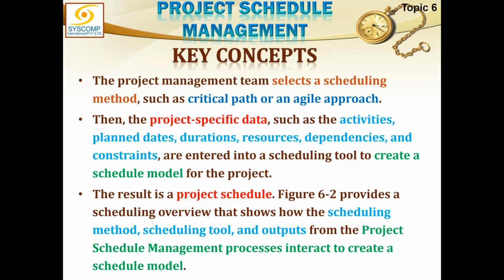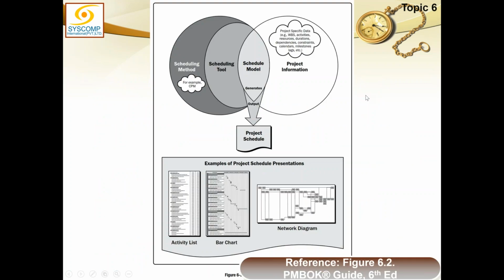Figure 6.2 provides a scheduling overview that shows that the scheduling method, scheduling tool, and the output from the project schedule management processes interact to create a schedule model. So how does it happen? I will just show you. I hope you can have a look at this diagram.